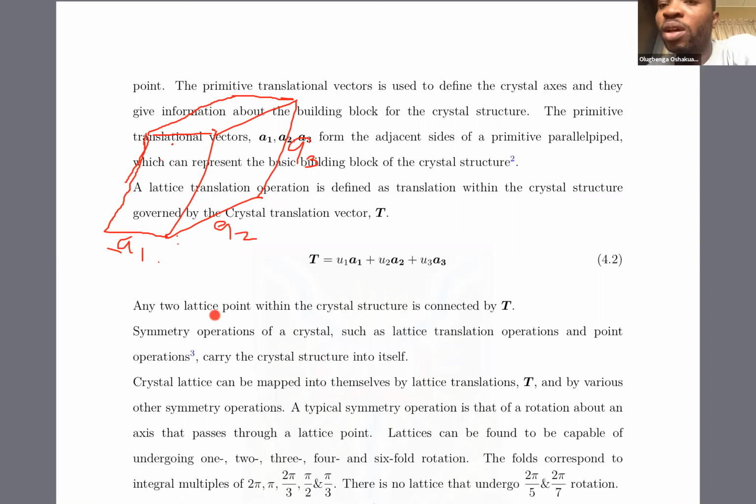So any 2 lattice points within the crystal structure are connected by T. For simplicity, let's draw our one-dimensional structure, where we call these lattice points.